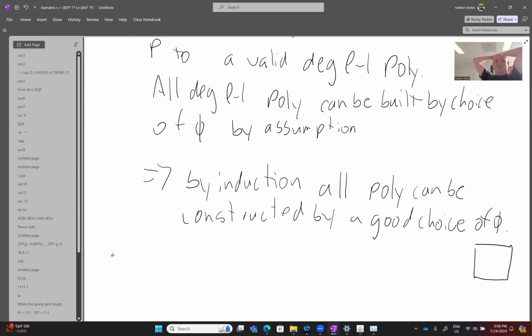By induction, that gave us an argument that we can find angles phi that will implement any valid polynomial. Similarly, since we showed that all valid polynomials can be built using a QSP circuit, that shows our if and only if statement. And that's how QSP works. Through it, we can build any polynomial we feel like.